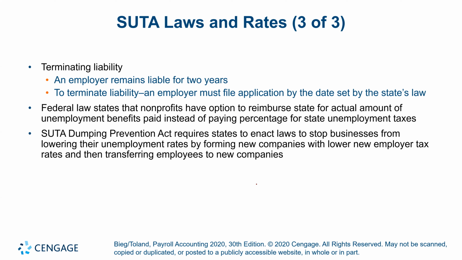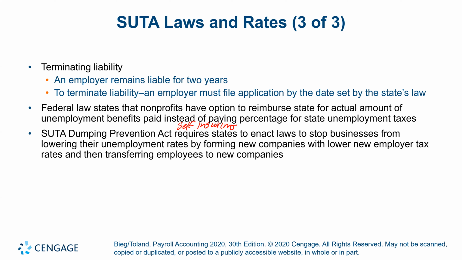And then here it says federal law states that nonprofits have the option to reimburse the state for actual amount of unemployment benefits paid instead of paying percentage for state unemployment taxes. So this is kind of in the situation where they're self-insuring, basically, right? They're going to pay the benefits on their own instead of paying into the state fund.